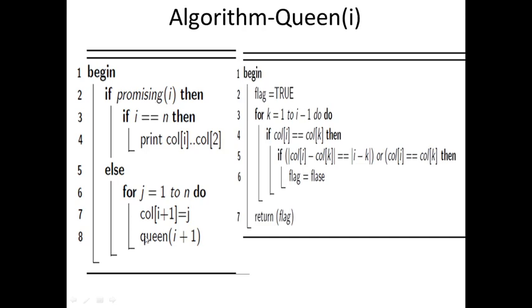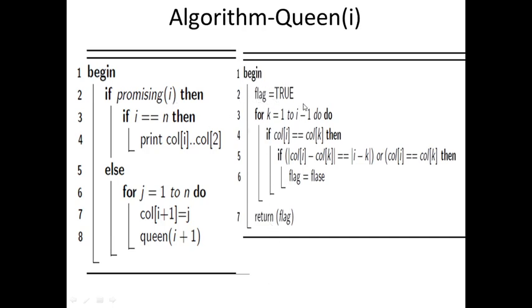Otherwise, if it is not promising, then for j equal to 1 to n, you have to move to the next position. Okay, column i plus 1 equal to j, that is the next one. Then you have to take the next one, Queen i plus 1. This is a recursive algorithm. And for this, the promising function is very simple.